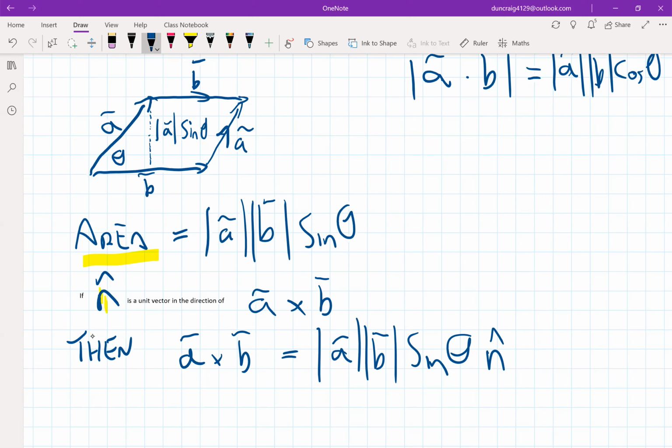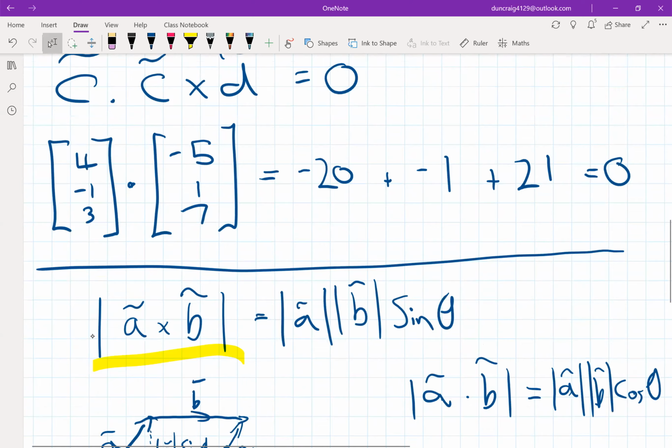Now, this formula is on your formula sheet. I haven't really seen any questions associated with this in any exam papers, so I wouldn't be too concerned with it. But you might be called upon to use this in some form, but I've got to find some appropriate questions where you would actually use this.